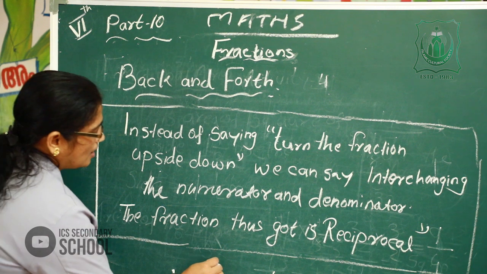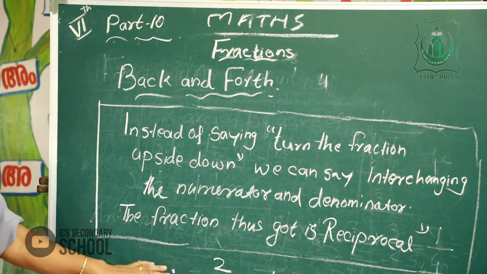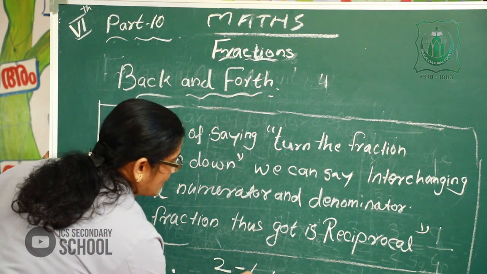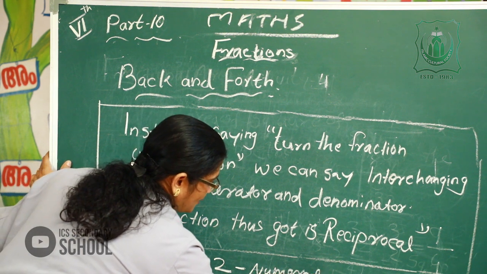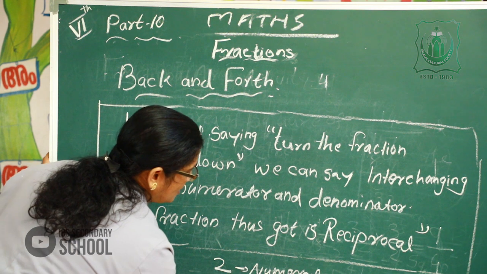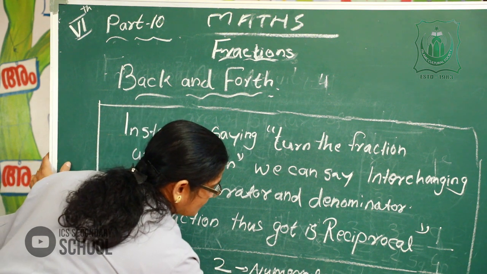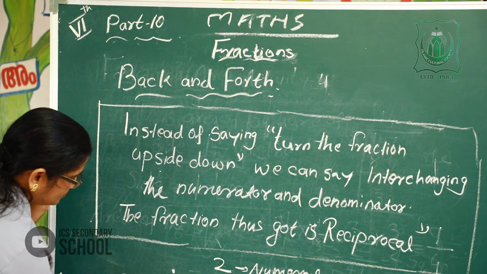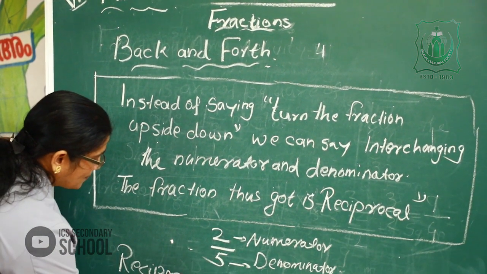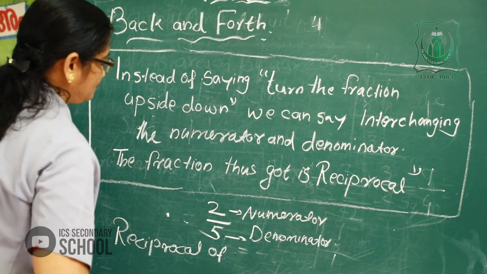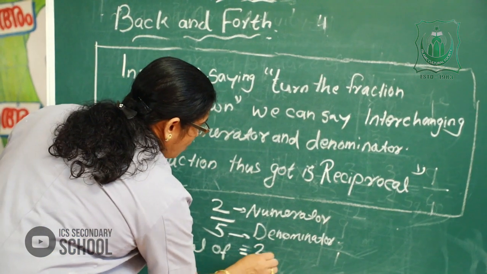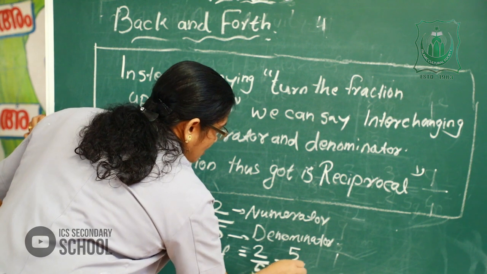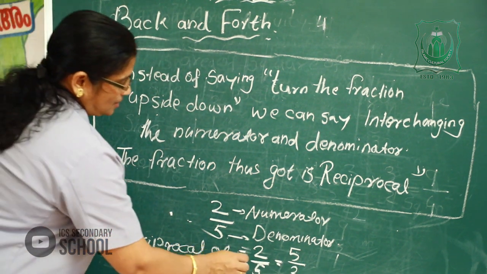For example, 2 by 5 is the fraction. 2 is the numerator and 5 is the denominator.